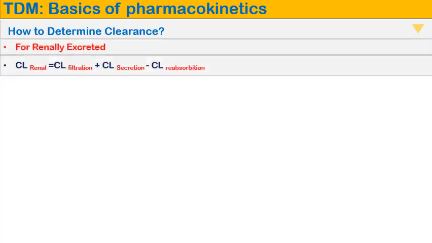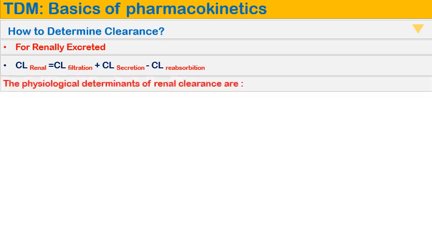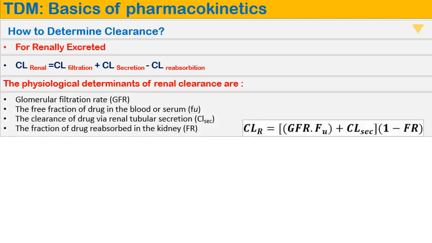For renally excreted drugs, the renal clearance is the summation of the processes of filtration and excretion or secretion by the renal tubule, minus the process of reabsorption. The physiological determinants of renal clearance include, first, GFR, the glomerular filtration rate.